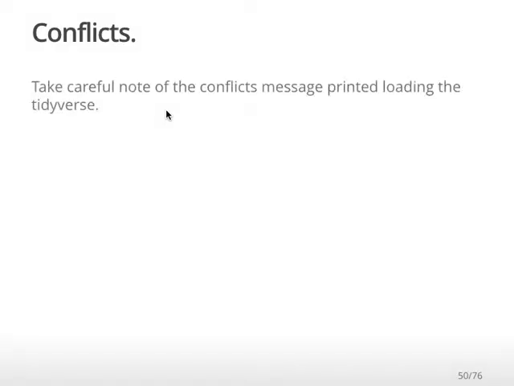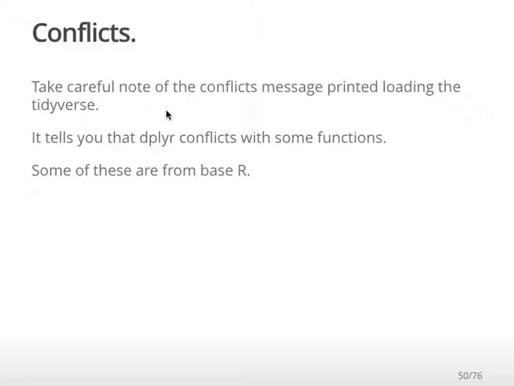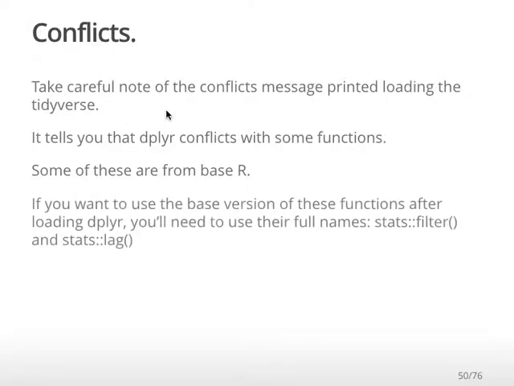What you'll see is that sometimes it will give you some warning messages. It will say there's conflicts. What is happening there is that there's two packages using the same naming structure. So there will be conflicts with some functions because, for example, base R will also use the word select or divide or something like that, and the package is using the same wording, and that's creating conflicts for the computer.